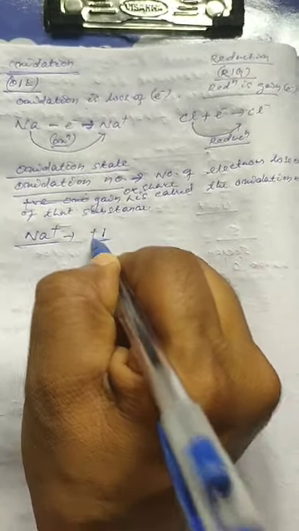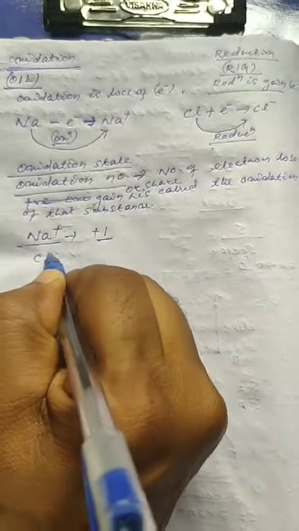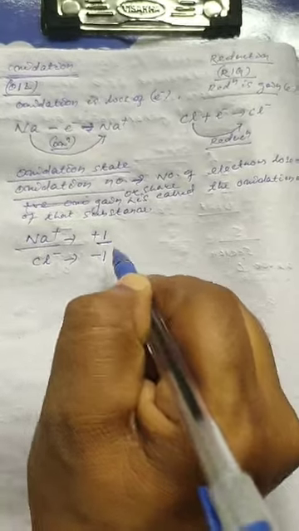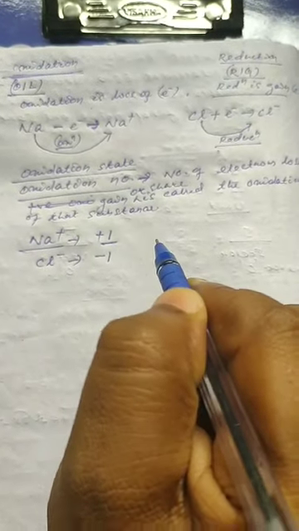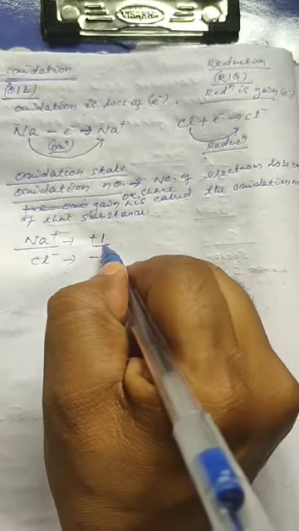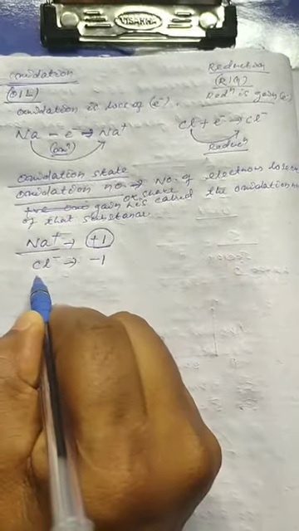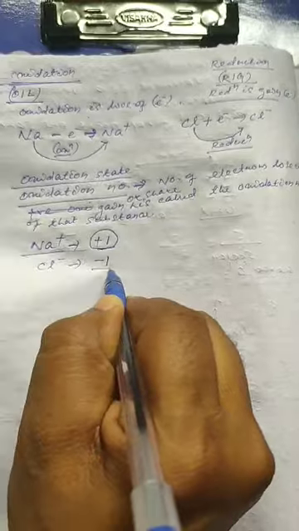And for chlorine, its oxidation state is -1, also called oxidation number. The oxidation number is positive when the substance loses electrons, and negative when the substance gains electrons. Okay, so this is the earlier concept.